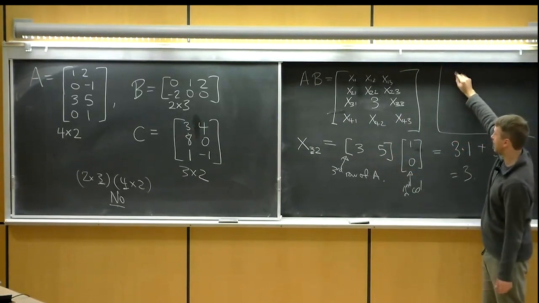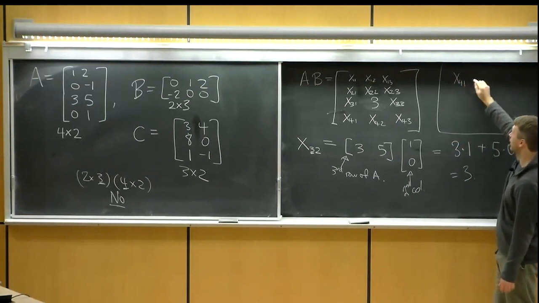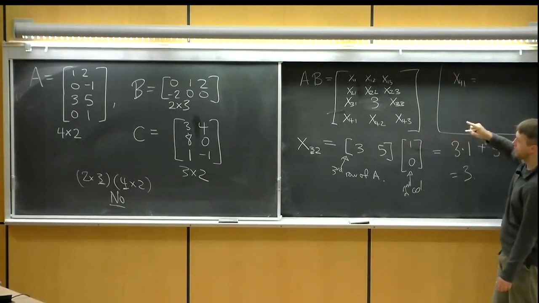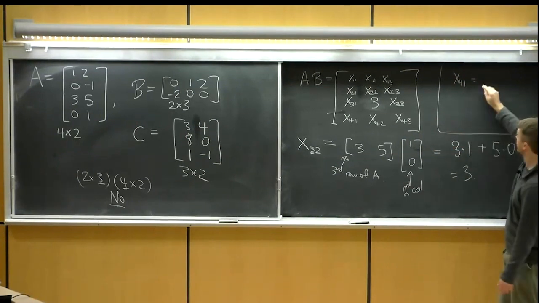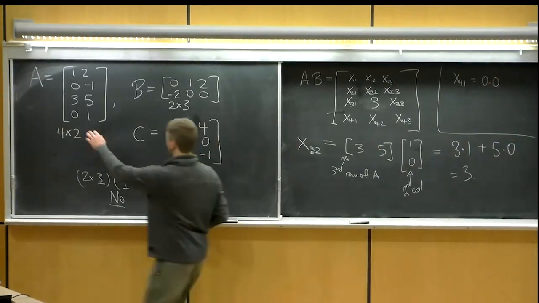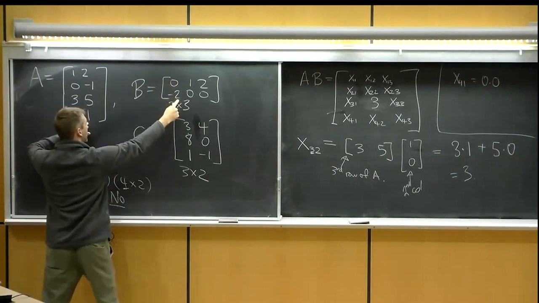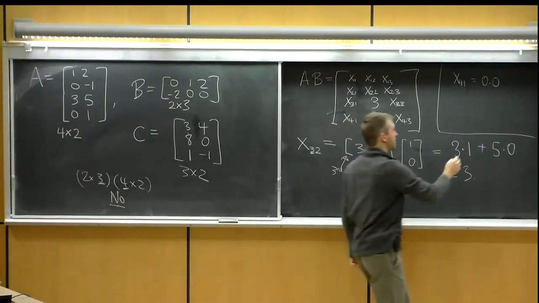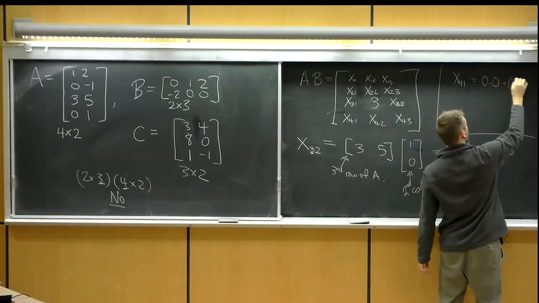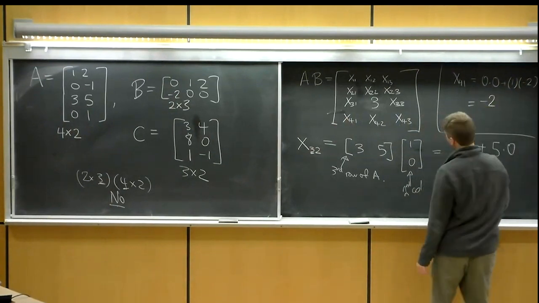So let's say x41. I take the fourth row of A times the first column of B. So that's 0 times 0, which I get from this times this, and then this times that. So 1 times -2. So that's -2.